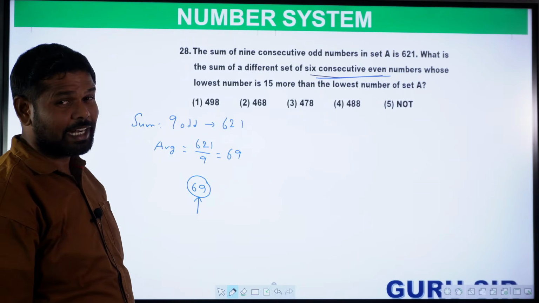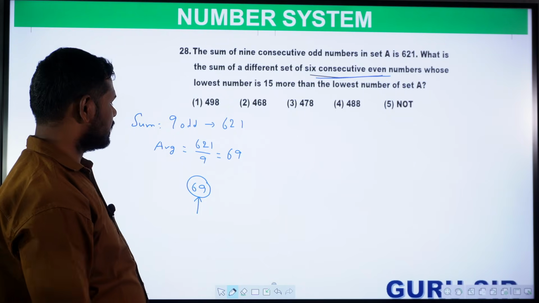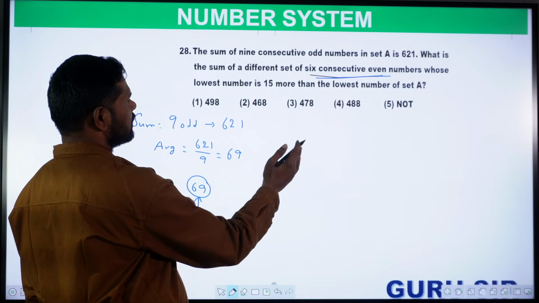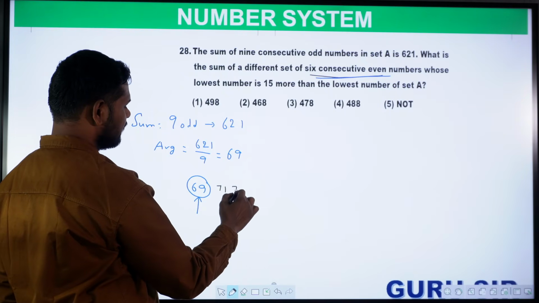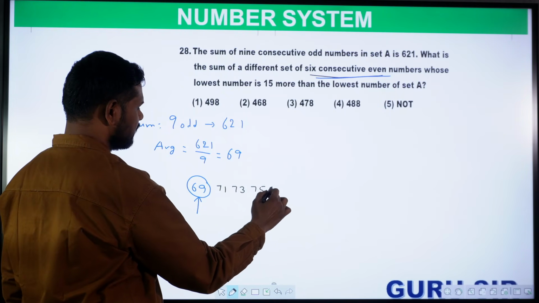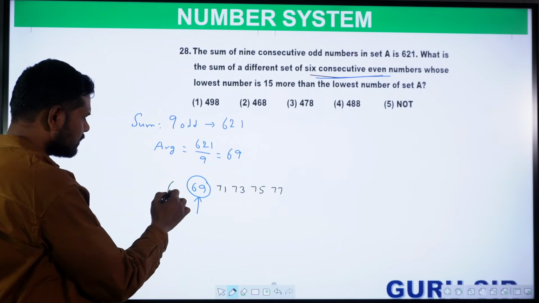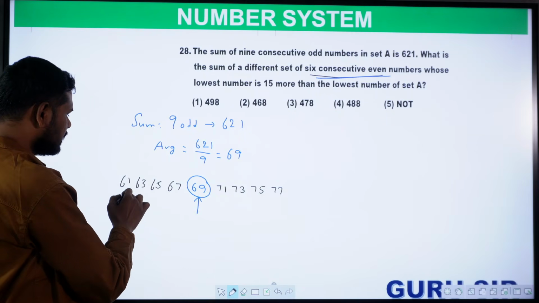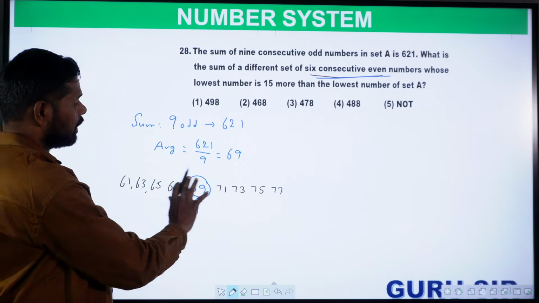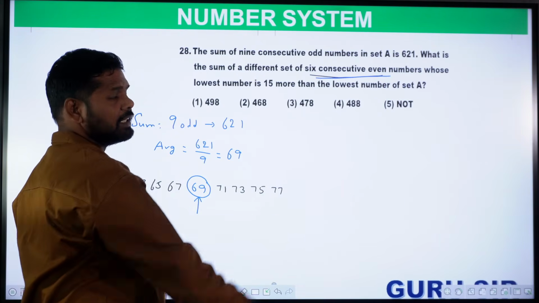Then there are 4 numbers on the right and 4 on the left: 71, 73, 75, 77, and the previous numbers 67, 65, 63, 61. These are the 9 odd numbers in set A.